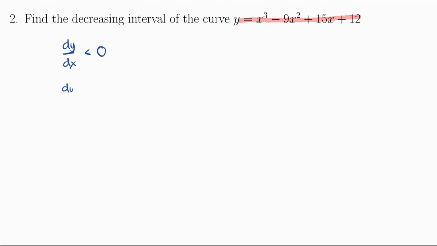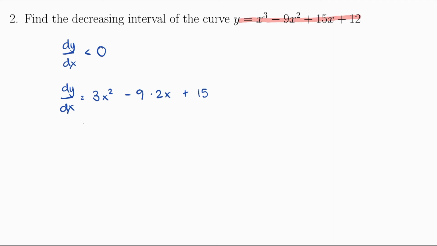So dy over dx is equal to the derivative of x cubed, which is 3x squared, the derivative of negative 9x squared, which is negative 9 multiplied by the derivative of x squared, which is 2x, and plus the derivative of 15x, which is plus 15, and the derivative of 12, which is 0.